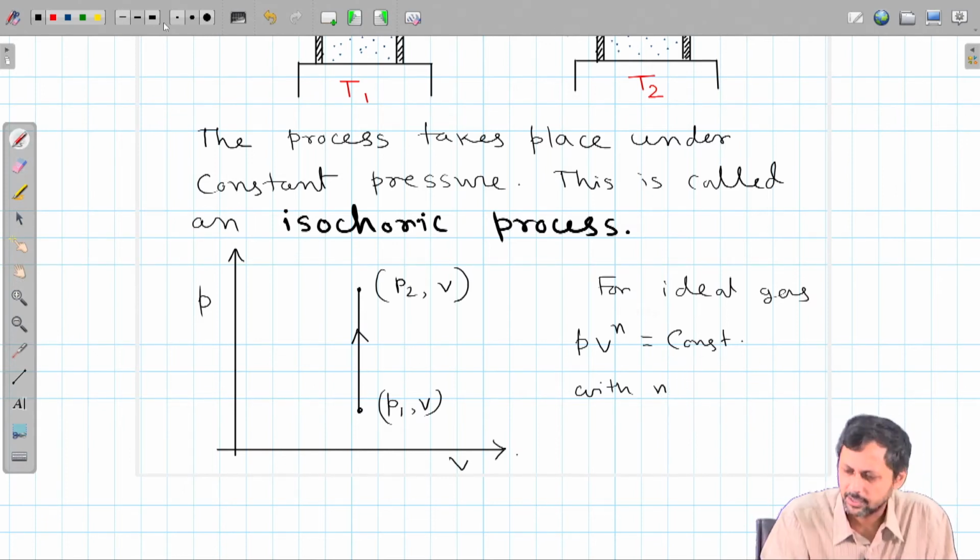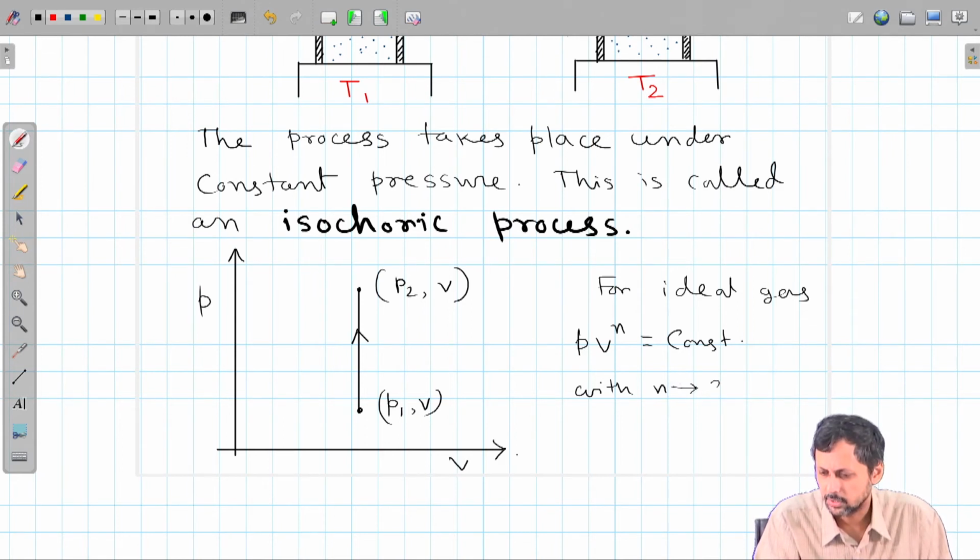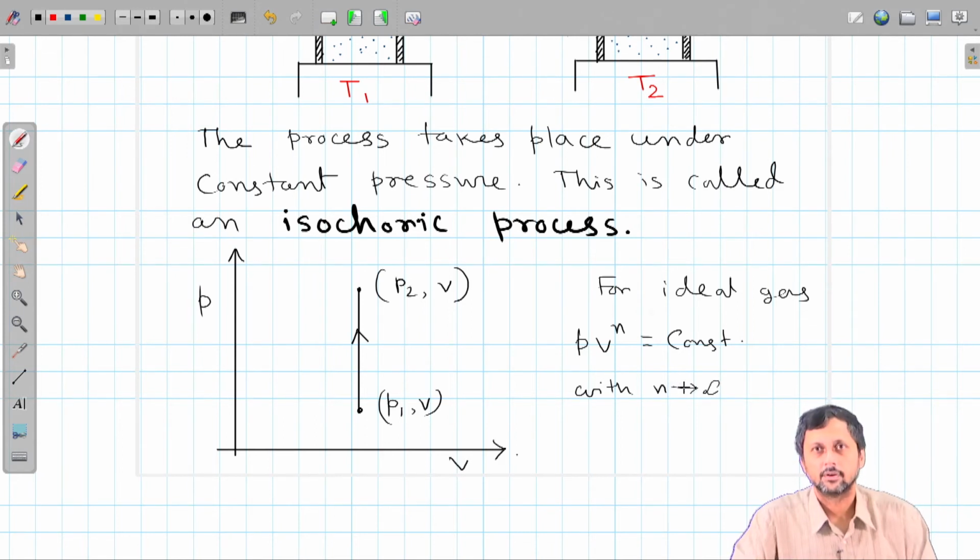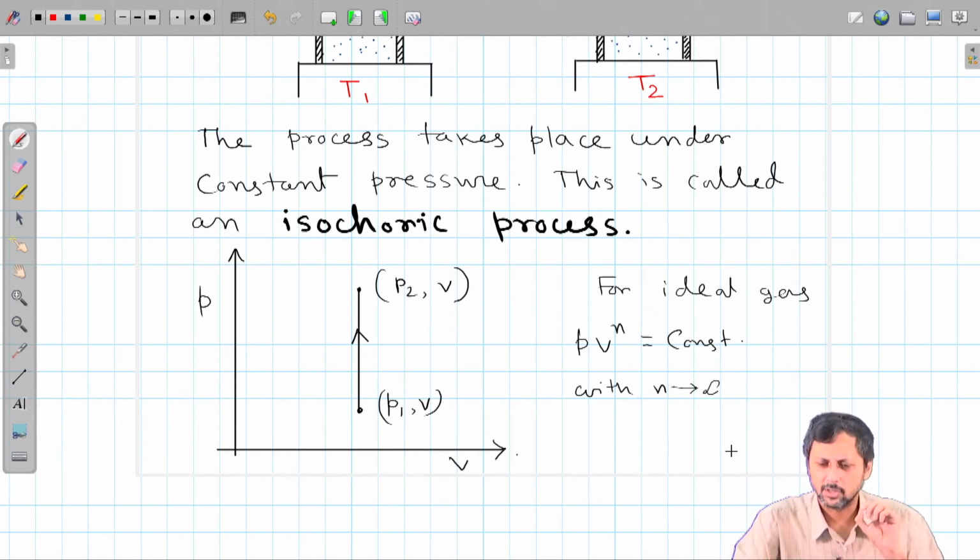I should write n tends to infinity, right. So for a very high value of n, without any change in V, we can have a change in pressure.